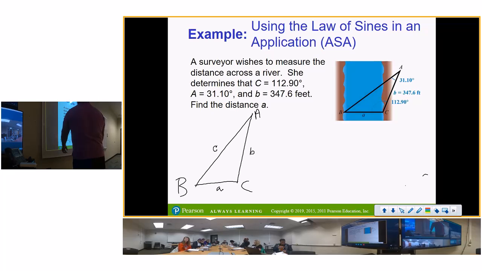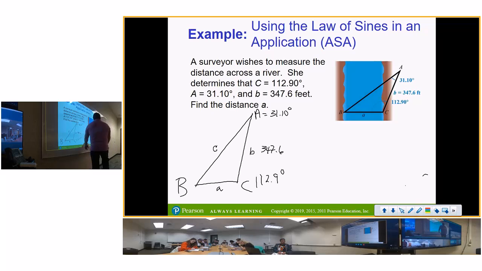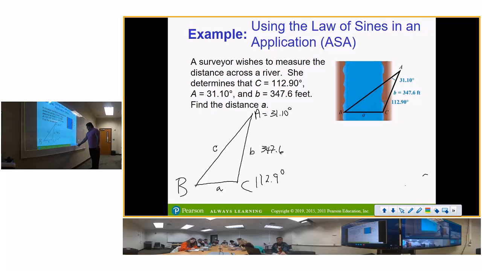They give us 31.10 degrees there. They give us B is equal to 347.6. And then they give us angle C is 112.9 degrees.